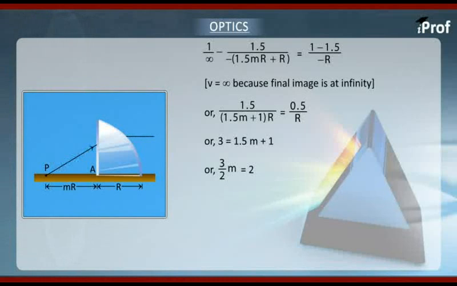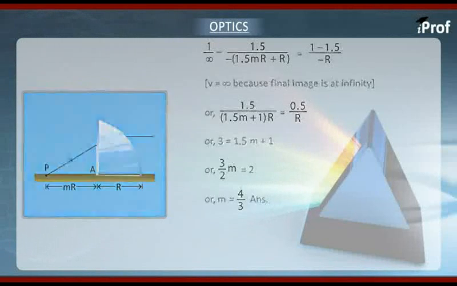So the value of m required is 4/3. Now it was a very simple problem involving two events, that is one refraction from plane surface and other refraction from curved surface.